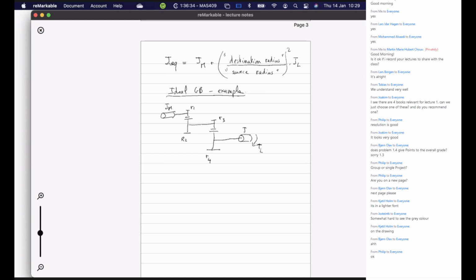So that's JL. And here we also apply this Te from the motor. And we will have a theta M motor, theta 2, theta 3, or L for the load.